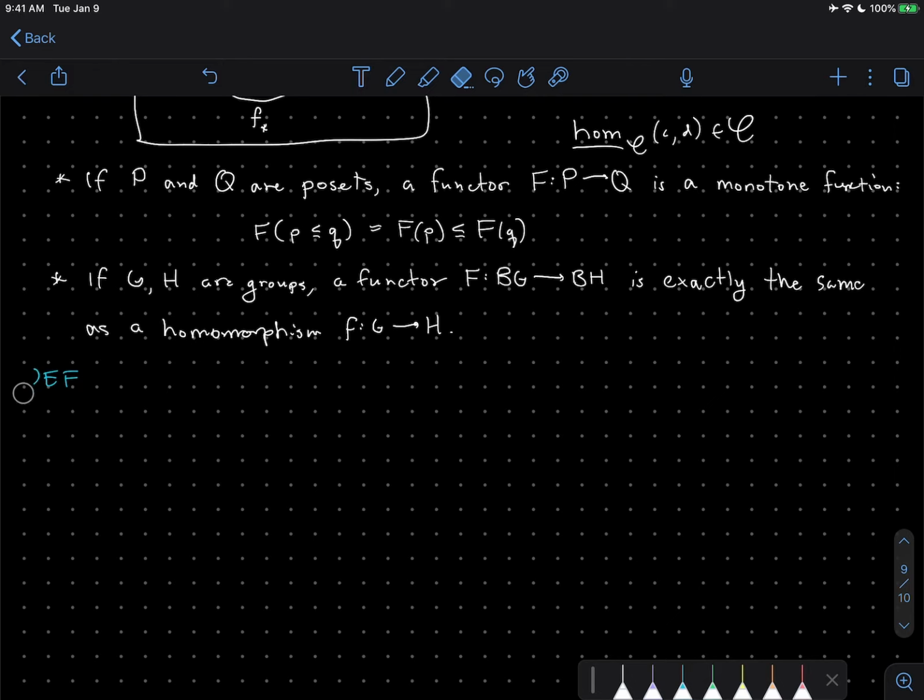No, wait a minute. I need to give one more final crucial class of examples. So, let C be a category. A presheaf on C is a functor from C op to set.